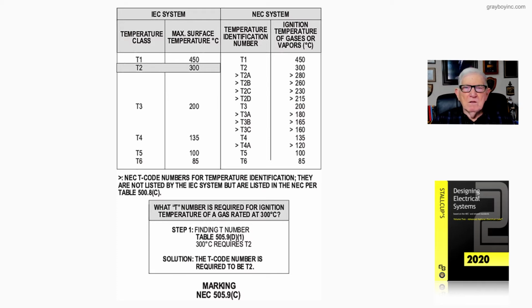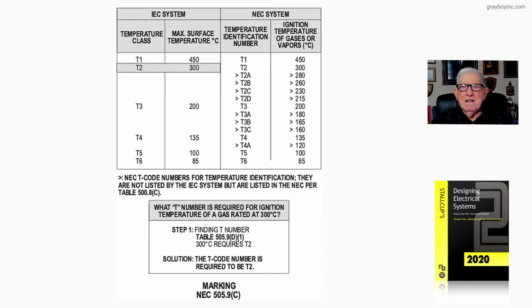But notice it's just 1, 2, 3, 4, 5, 6, and then you have the temperature that this equipment would need to operate below, the ignition temperature of the gas or vapor. It's basically the IEC system.